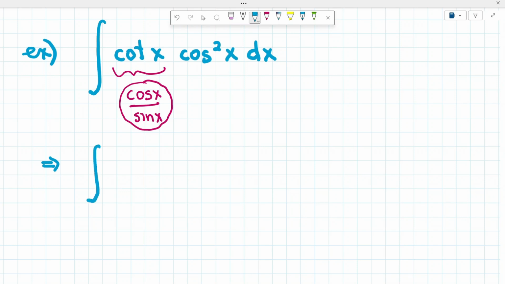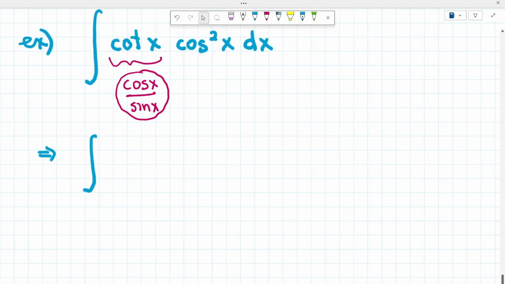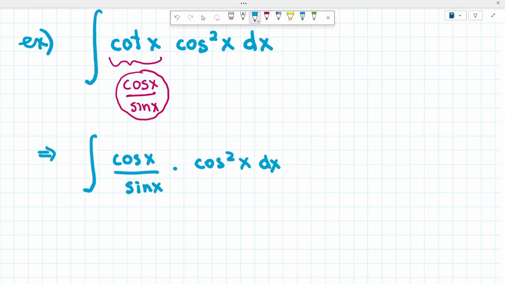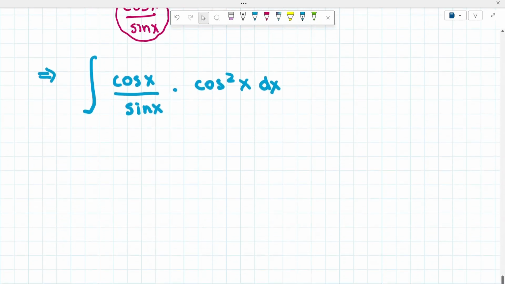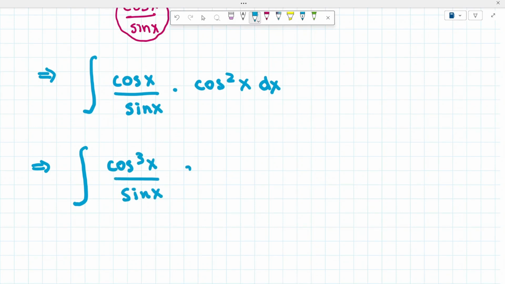So as a result, we've got cos x over sine x multiplied by cos squared x dx. We can go ahead and combine this to further simplify it, such that we have cos cubed x over sine x dx. Okay, now what can we do?